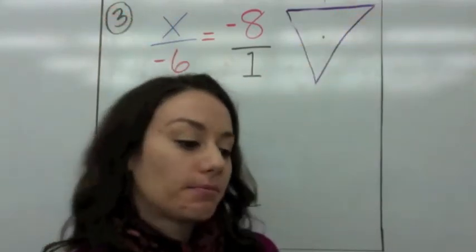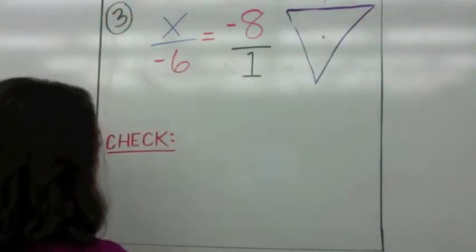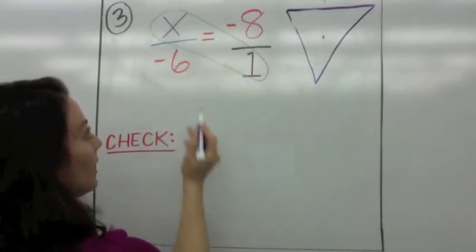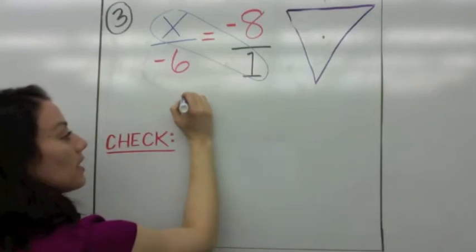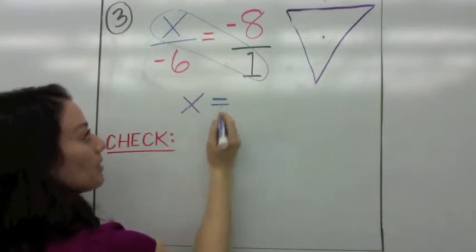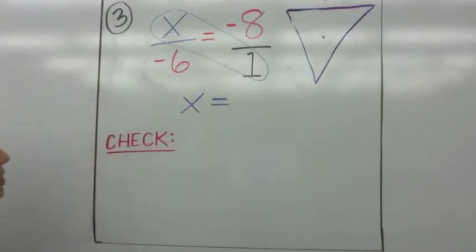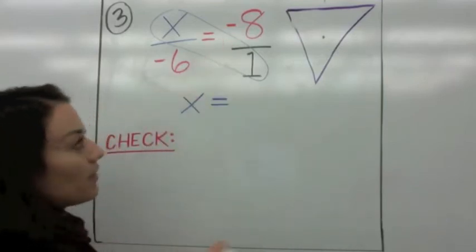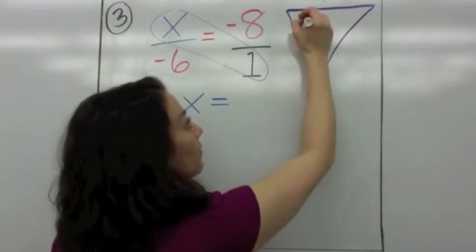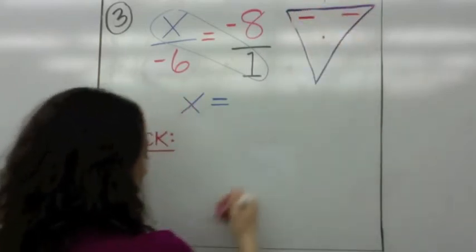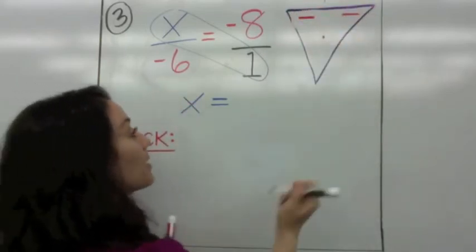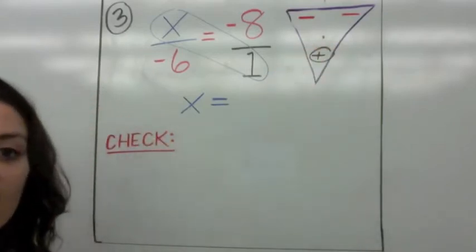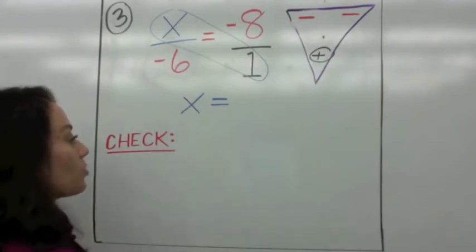Cross multiply. So we're going to multiply first x times 1. Any number times 1 is itself, so x times 1 is x. Very easy, right? Now we're going to multiply some integers. We have a negative 6 times a negative 8. Remember that a negative times a negative is positive. So put a positive, circle that.